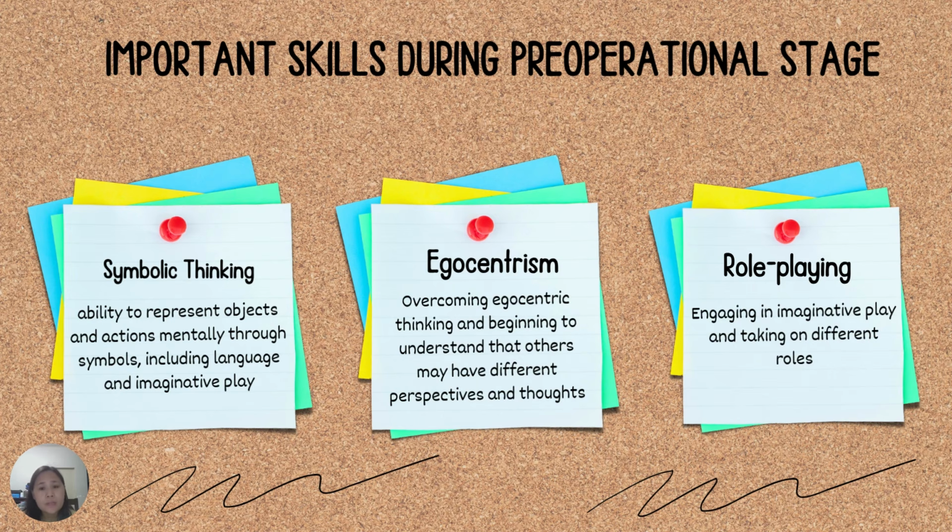Example, a preschooler might assume that since they like cartoons, everyone else does too. Teachers can address this by encouraging group play, helping children learn to take turns and to understand others' feelings.